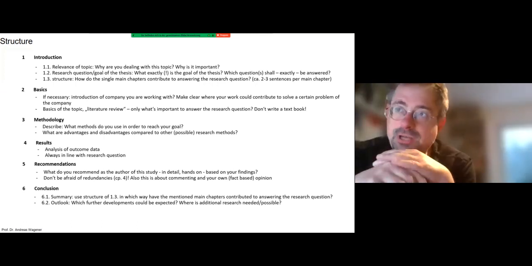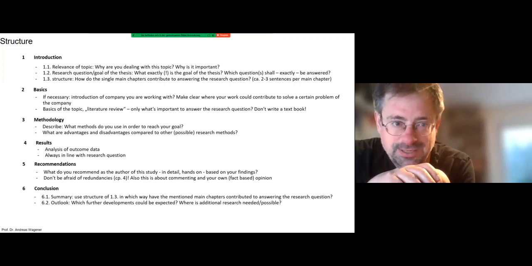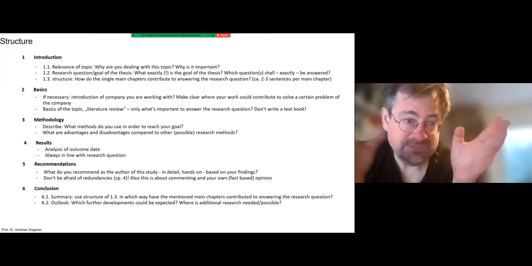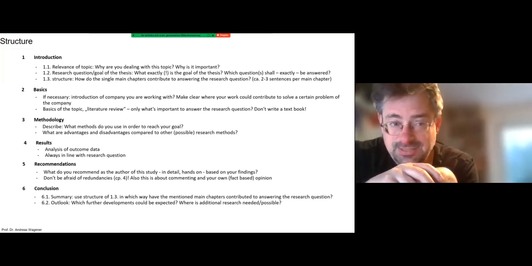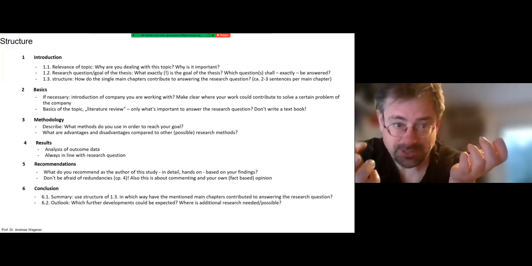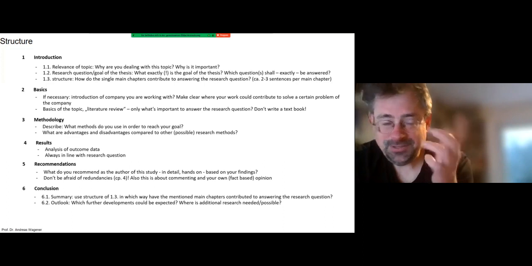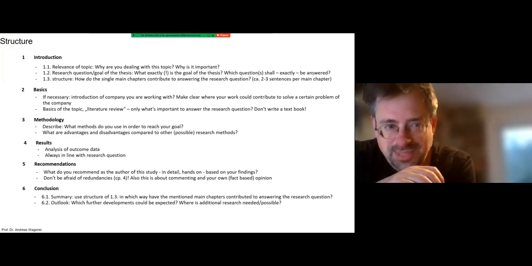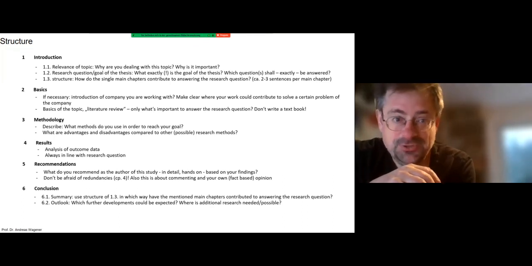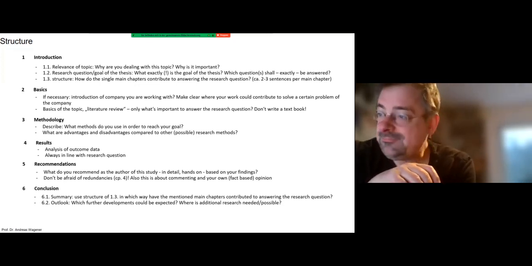What you could do is look back at chapter 1.3, where you lay out the structure of your thesis, and you said how the chapters contribute to answering the research question. Now you could use this again and say, what was really the outcome of the specific chapters? And if you think there's a chapter and you don't know how it contributed, maybe you should check again. Maybe you should change something here.